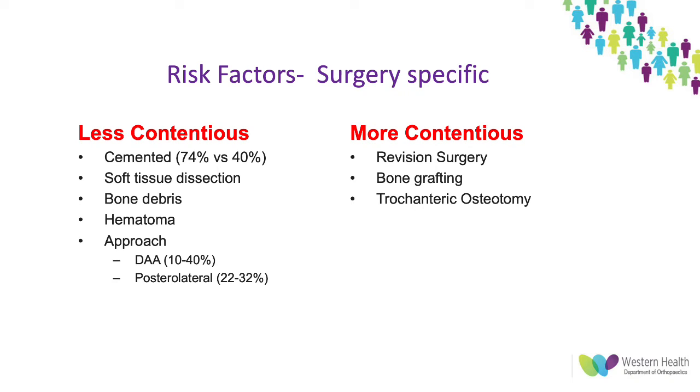The other less contentious risk factors include soft tissue dissection, bony debris, hematoma, and there was also some literature about approach, whether or not it had any effect, and I think the jury is still out. The more contentious risk factors include having revision surgery, bony grafting, and whether or not a patient underwent a trochanteric osteotomy.